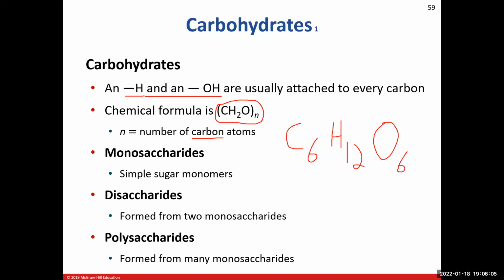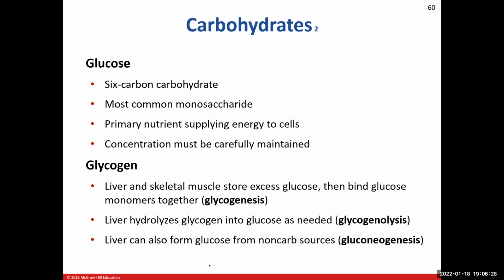So we call that a disaccharide. So all we're going to do is take 2 monosaccharides and connect them to one another. And then if we just start stringing monosaccharides to each other, then we have what's called a polysaccharide. I'll show you some examples here. Monosaccharides, disaccharides, and then polysaccharides.